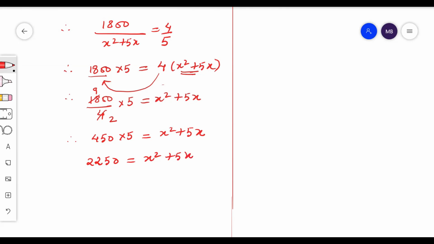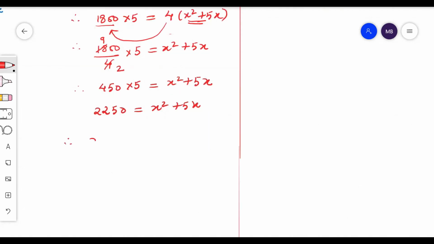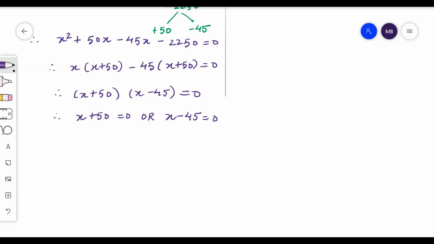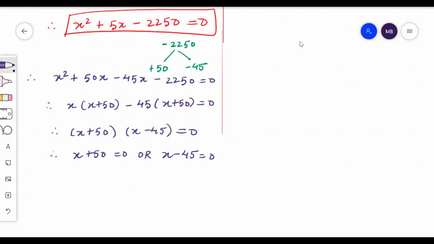Yes, now we get our quadratic. So what is the quadratic? x square plus 5x minus 2250 equal to 0. Right? This is your quadratic now. Now, if you observe this 2250, it has two components, plus 50 minus 45.